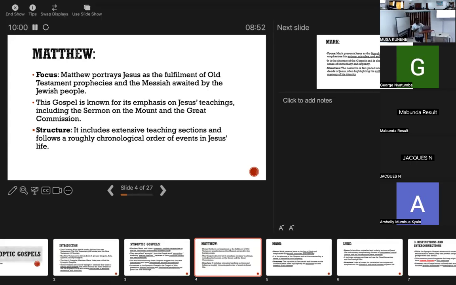Another thing about Matthew, his gospel is known for its emphasis on Jesus' teachings. He includes a lot of teachings that Jesus gave throughout his ministry, including what is called the Sermon on the Mount, and again, the Great Commission, teachings that are kind of unique to him.